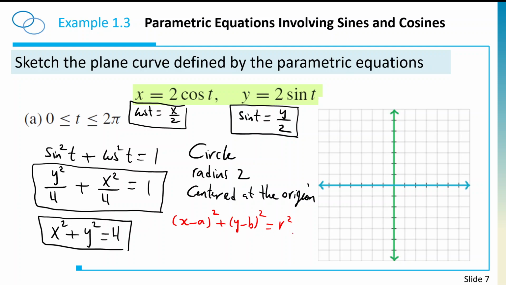So this one is a special case. There's nothing around x squared and y squared, which means that the center is 0, 0, the origin. And the radius here, r squared, is 4, so r is equal to 2.